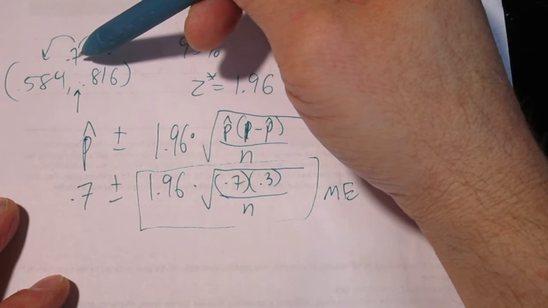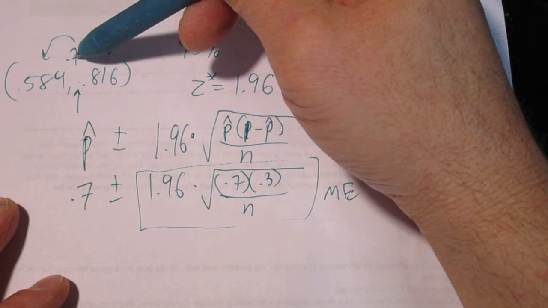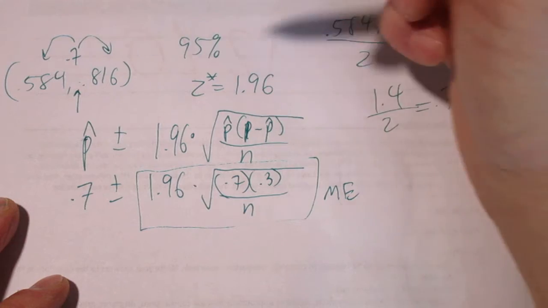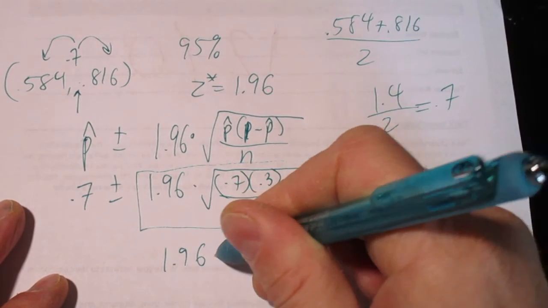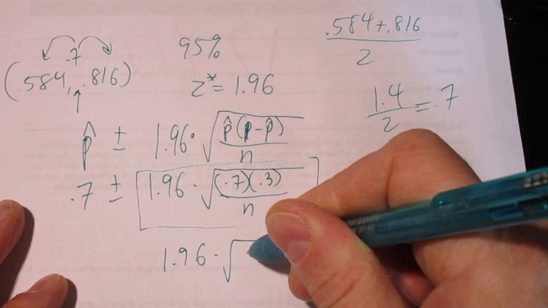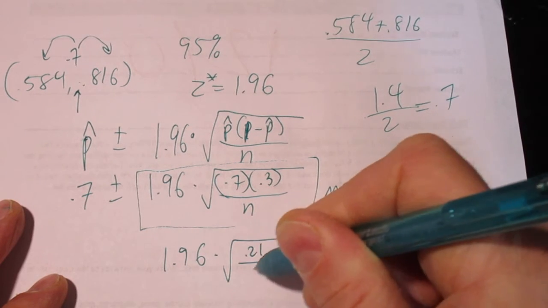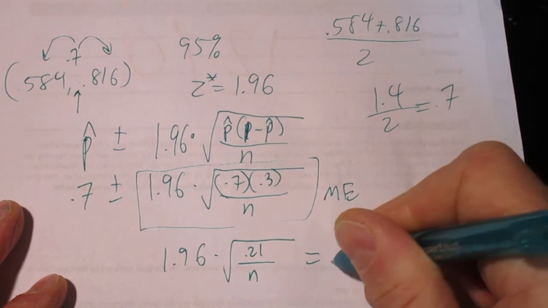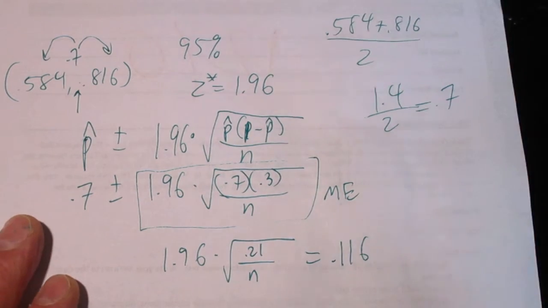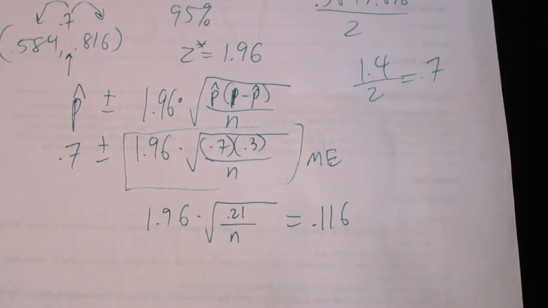So I would just use that. It looks like the margin of error is 0.116. So 1.96 times the square root of all this nastiness, that's 0.21 over n. Let's just call it equals 0.116. And now we do algebra.